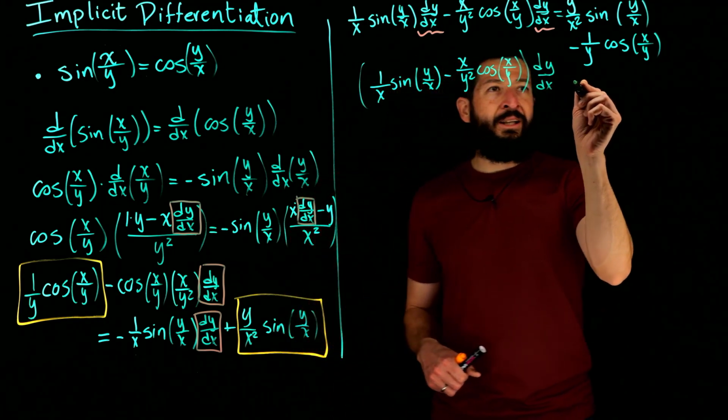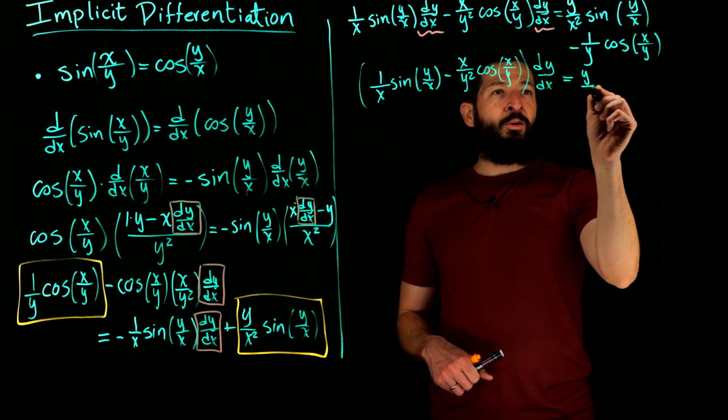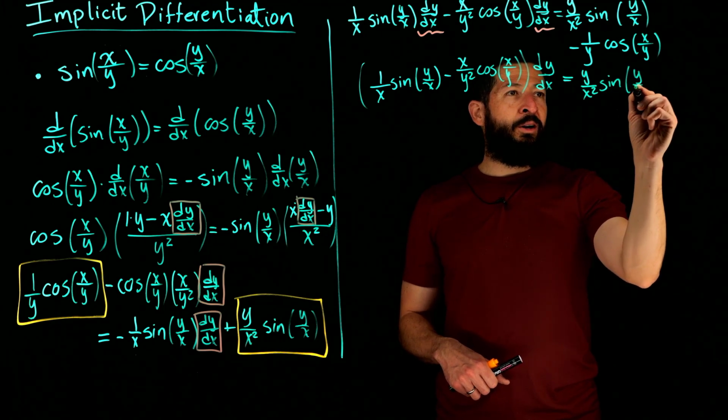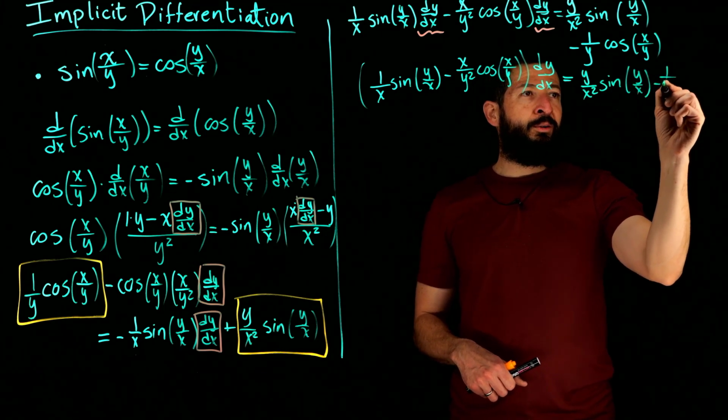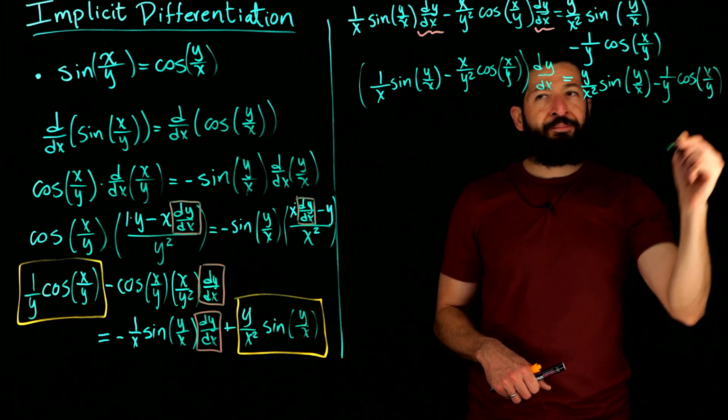And that's going to be equal to this other expression, y over x squared sine of y over x minus 1 over y cosine of x over y.